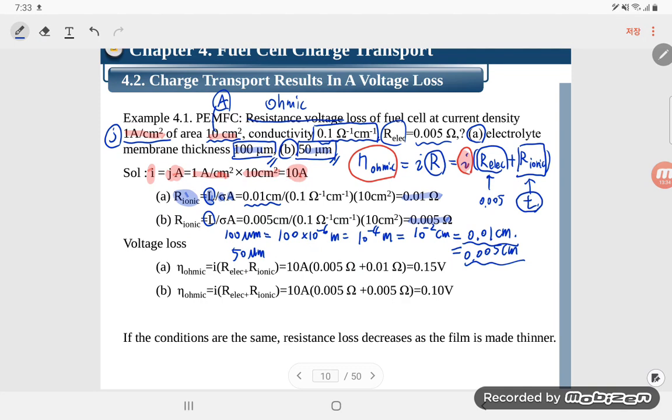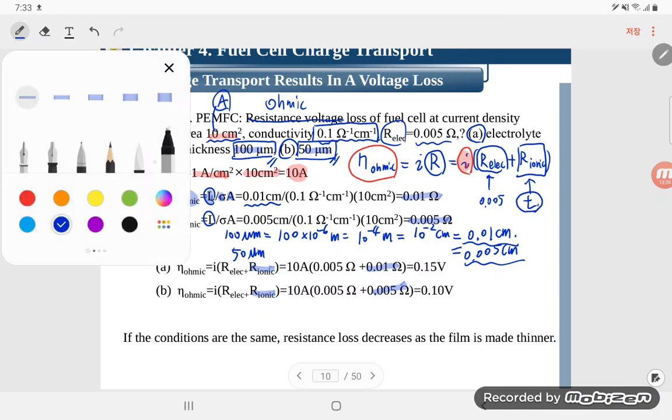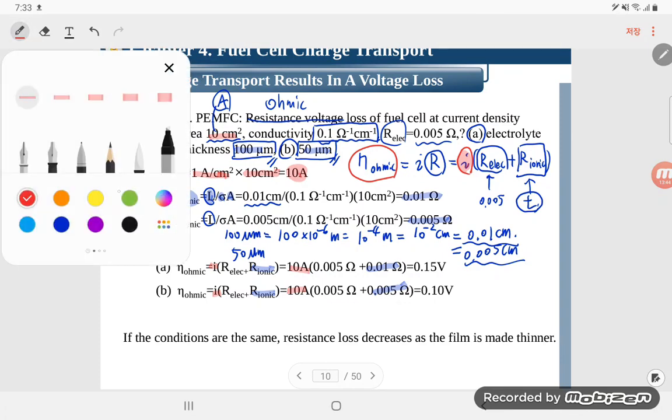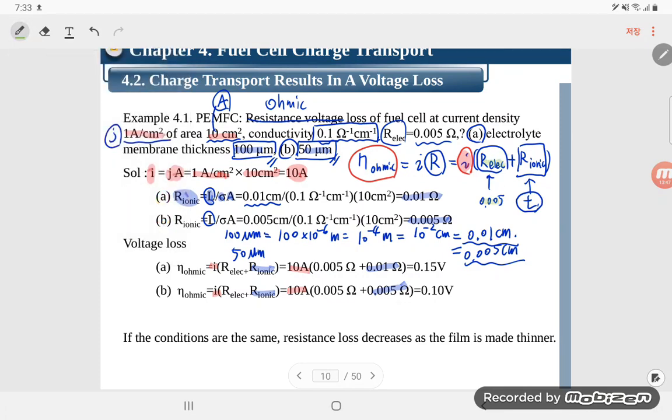So if you insert this value and the current in here, and finally the electrical resistance is fixed with 0.005, then we get this. So the ohmic loss is calculated as 0.15 volt for the 100 micrometer thick membrane, and 0.1 volt for the 50 micrometer thick membrane.